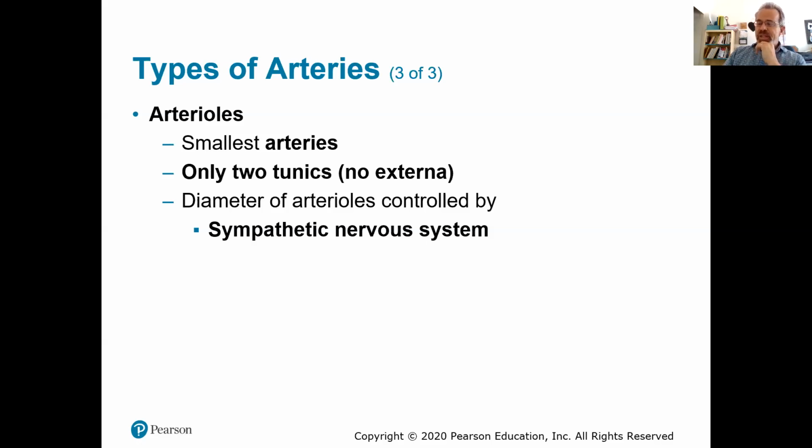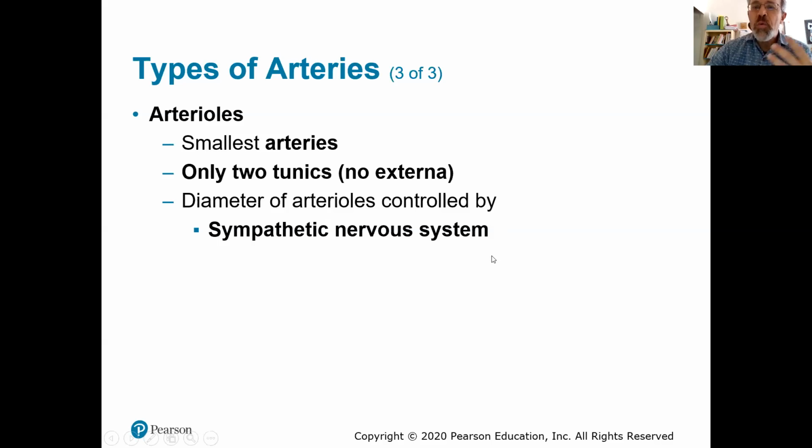The absence of a tunica externa allows the tunica media to be much more prominent, and it basically helps to regulate the flow of blood through the body mostly. So the musculature of the tunica media can undergo very dramatic vasodilation and vasoconstriction. And this is basically controlled by the sympathetic nervous system.